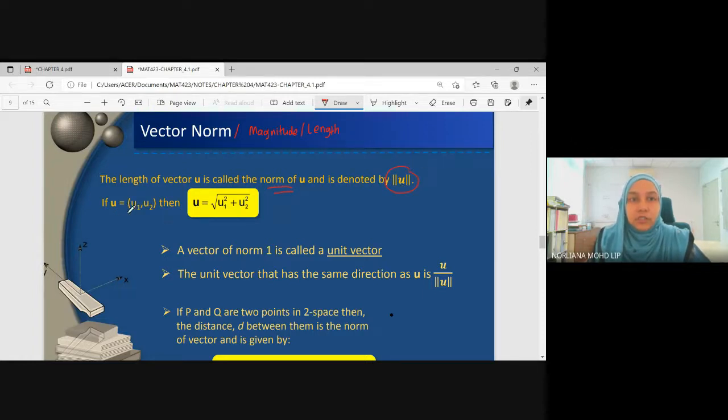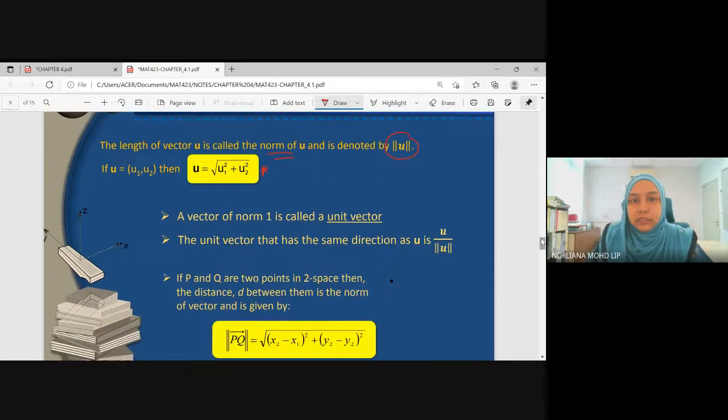If U is equal to U1, U2, then we find the magnitude or norm of the vector, which is equal to the square root of U1 squared plus U2 squared. This is the magnitude, norm or length of U. We use this formula; you have to remember it. Normally we call it the length or magnitude of a vector.